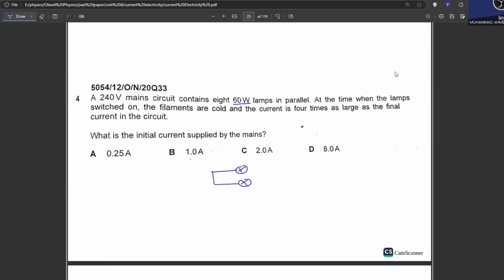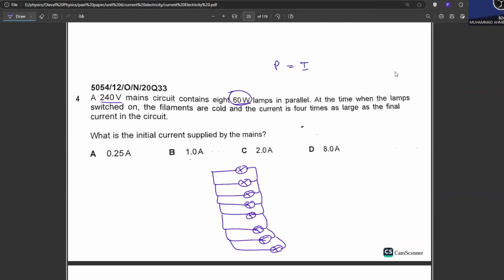Obviously, to draw them, let's draw them 3, 4, and 5, 6, 7, and let's say this is 8. Okay. So these are your 8 lamps. Connected in parallel, obviously, these look very crooked. And each of these lamps has a 60 watt power, 240 volts voltage.